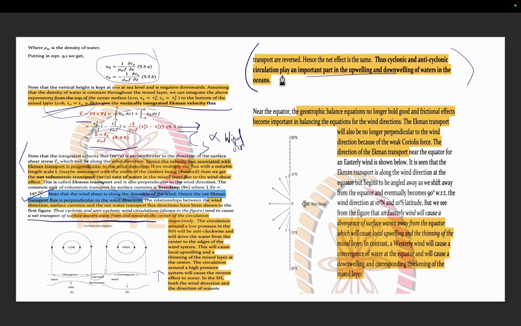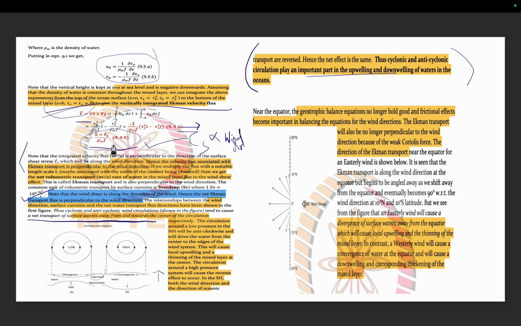But in the anticyclonic case, there is an upwelling of ocean water in the center and downwelling in the outer region. We have to figure out the wind stress vectors and the k cap and how the tau behaves. Near the equator, in the geostrophic balance equation, we cannot figure out the tau.